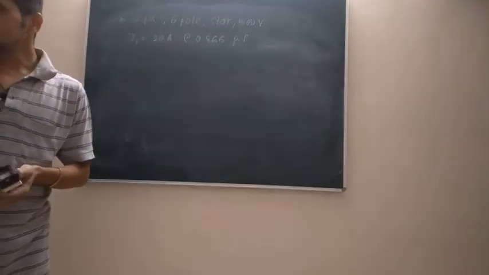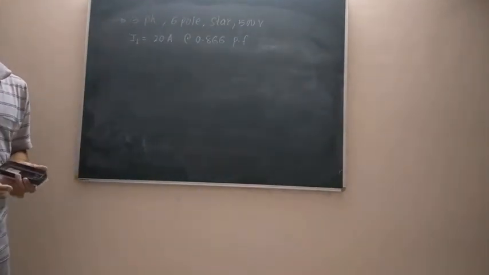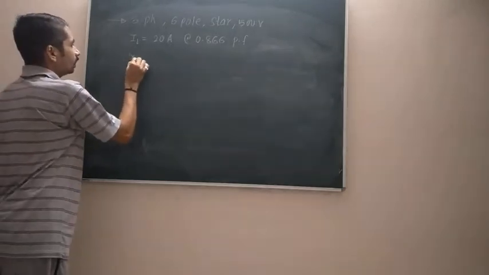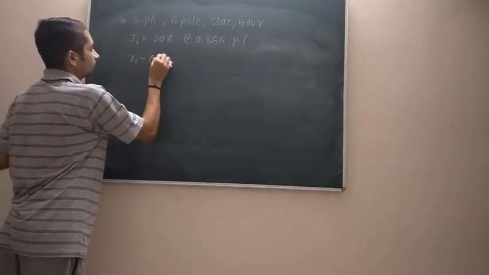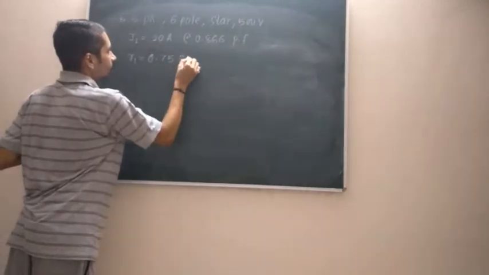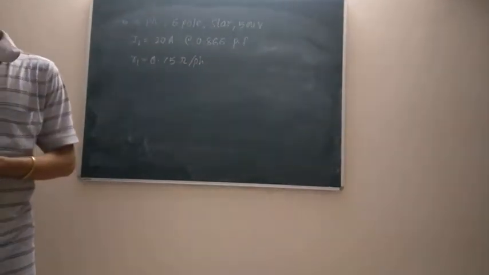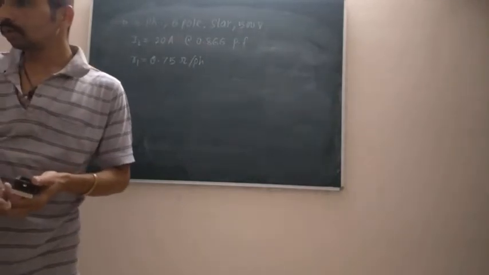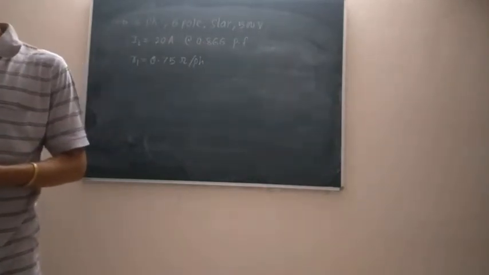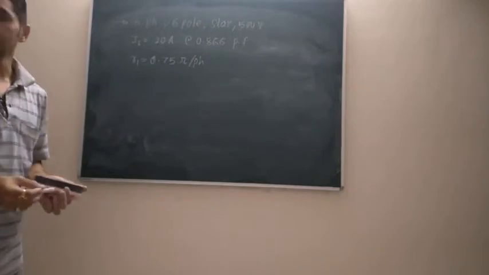The stator resistance per phase is 0.75 ohm. So R1 value they have given is 0.75 ohm per phase. The rotor exerts a torque of 120 Newton meter while running at 960 rpm.